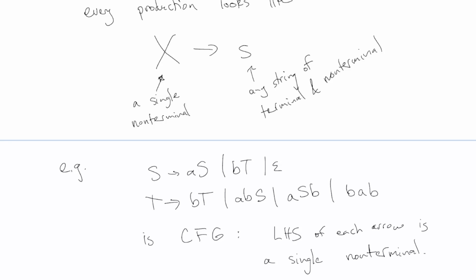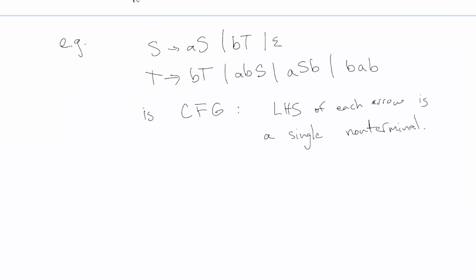All right? A non-context-free grammar is very weird. It has some grammar arrows where the thing on the left of the arrow is not just a single non-terminal. So, for instance, if I had something like S goes to AT or TT, T goes to epsilon or BS, AT goes to BBB.